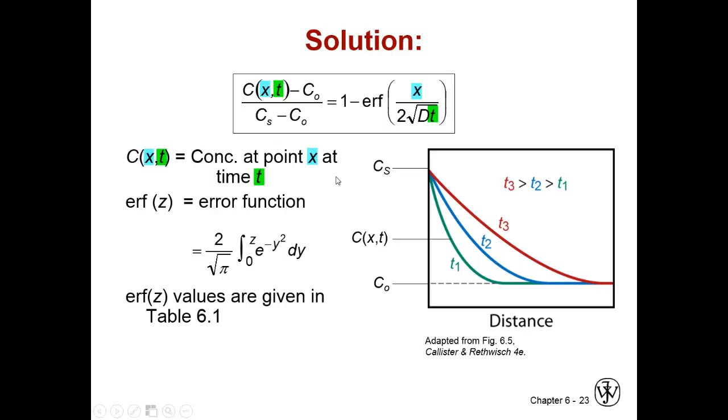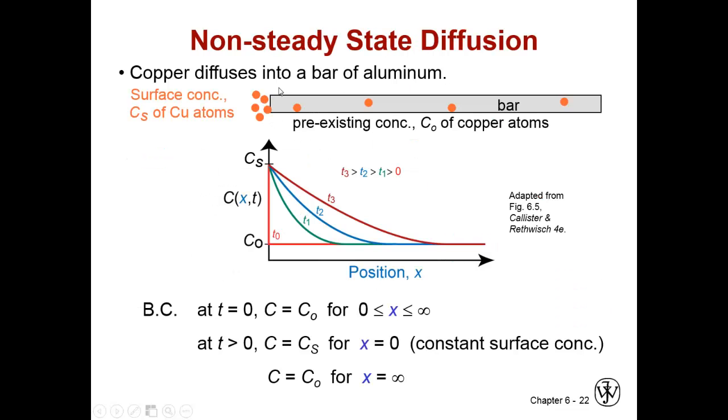In order to solve this differential equation, we end up with this equation. The concentration at a certain distance and time minus the initial concentration there, divided by the concentration at the surface. So remember, we're looking at a copper bar of aluminum, and so we're looking at the surface. This just happens to be aluminum and copper, but it could be any surface that we initially bring a diffusing species into.